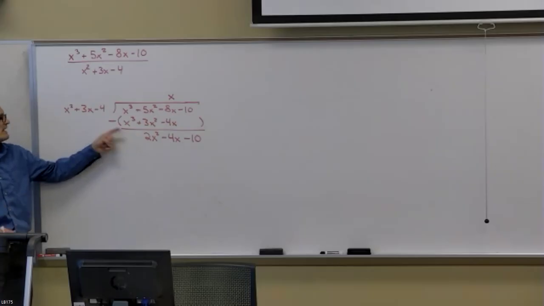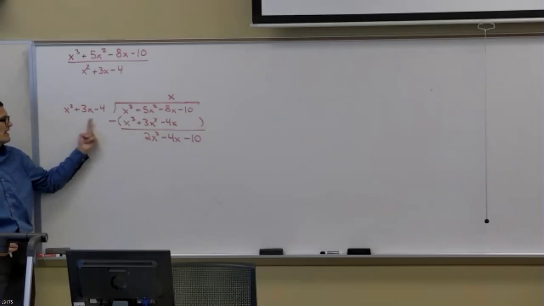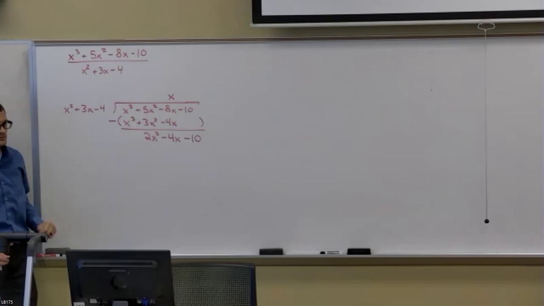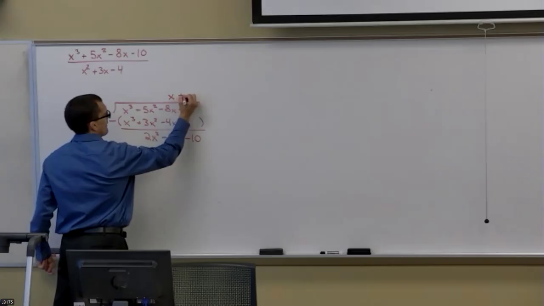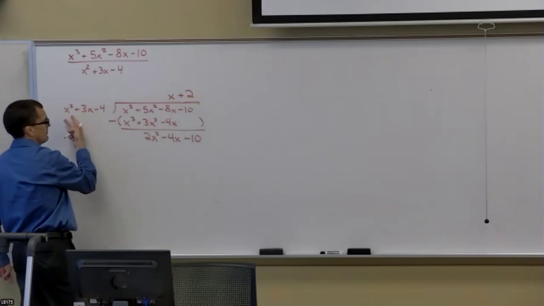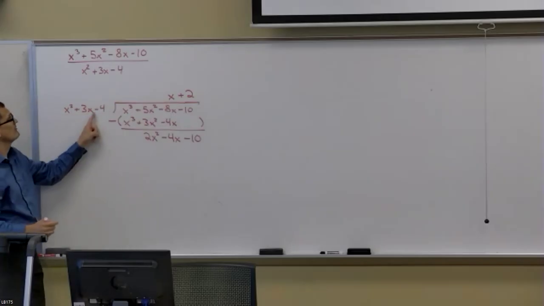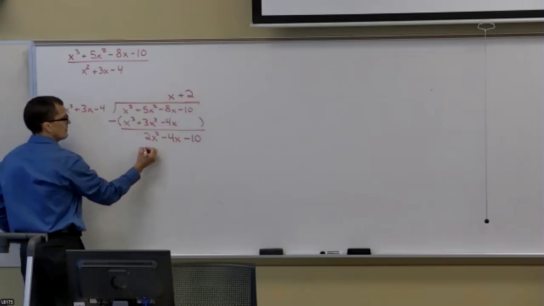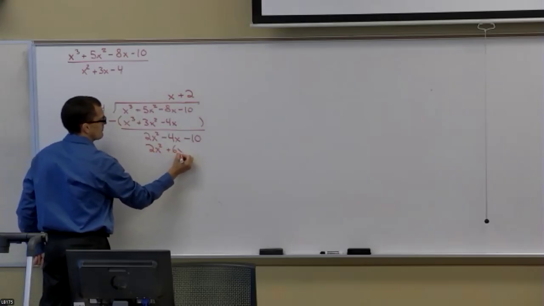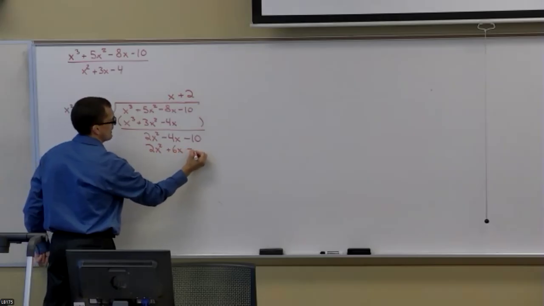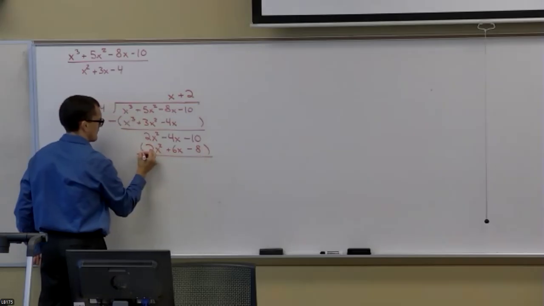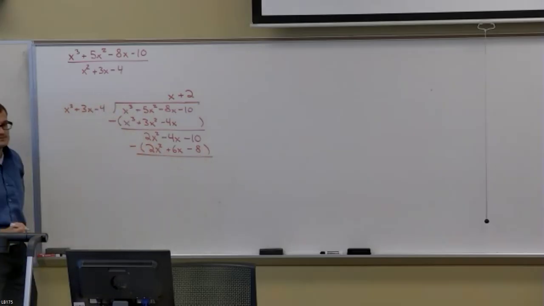Then I go through again and I say, what do I need to multiply x squared by to give 2x squared? That's just 2. So I write plus 2 up there because I need it to be a positive 2. And then I multiply all of these by 2: 2x squared plus 6x minus 8. And then I subtract.